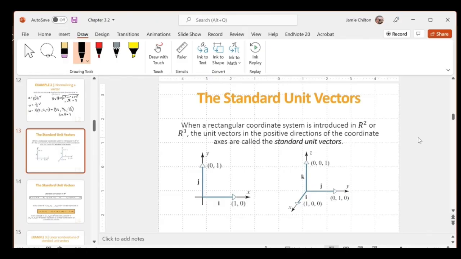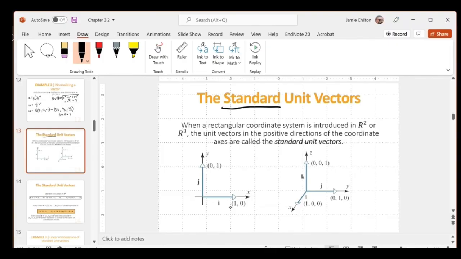They're called standard for a reason, so just keep in mind we do have some standard unit vectors. If we're looking at 2 dimensions, here on the left, the standard unit vector for the x-axis is described by the components 1, 0. So it is the standard unit vector along the x-axis.